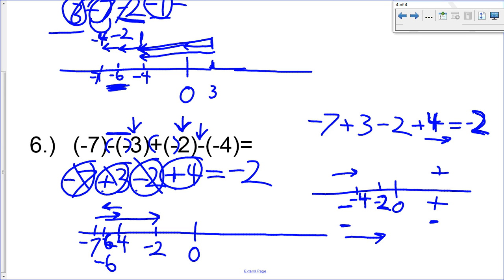But 2 of the same sign means you add. Okay, so if there's 2 of anything that are side by side, they both pertain to this number, that means you will add this number to whatever number you're holding in your head, or whatever number you're at on the number line.